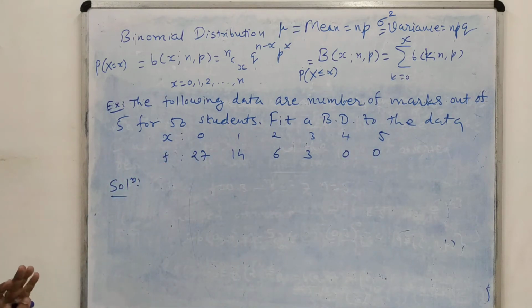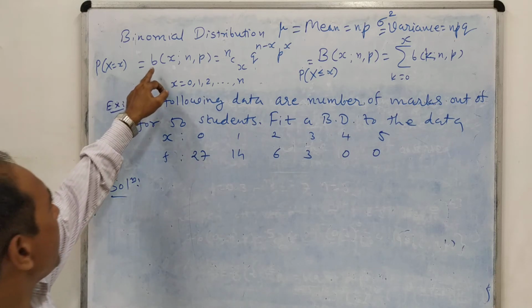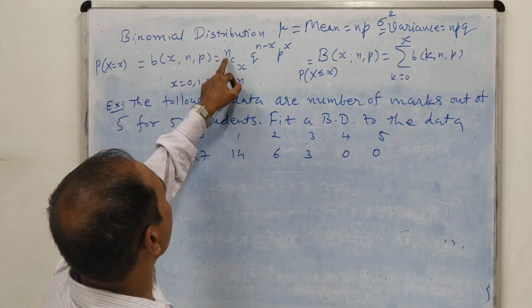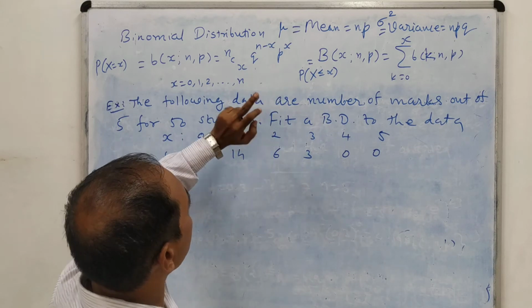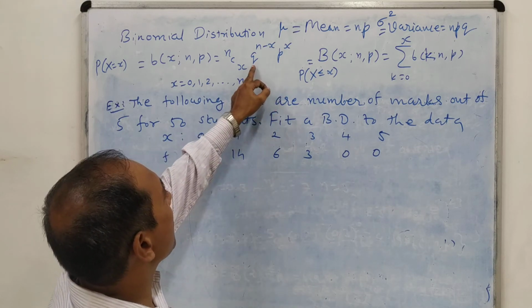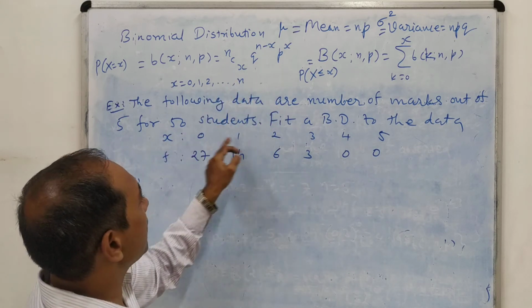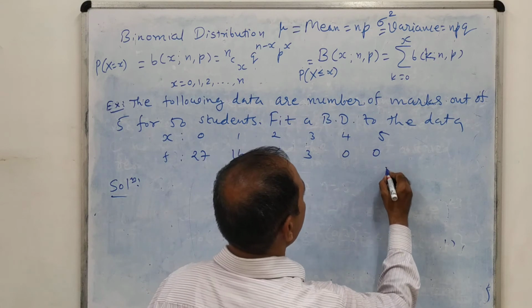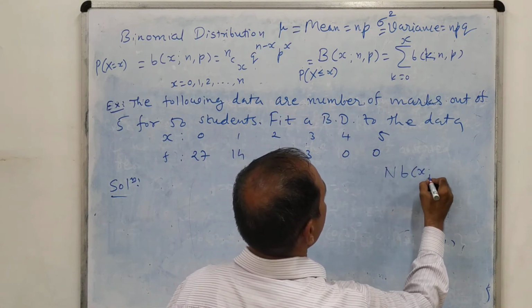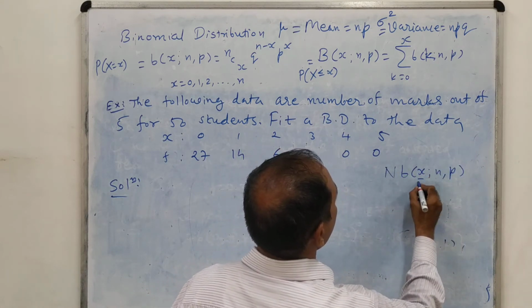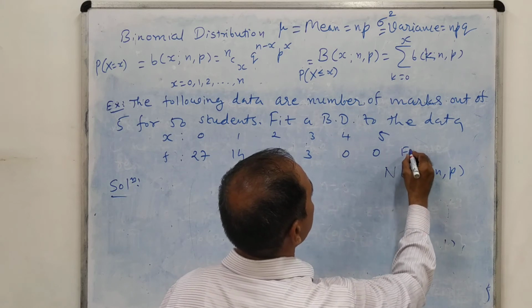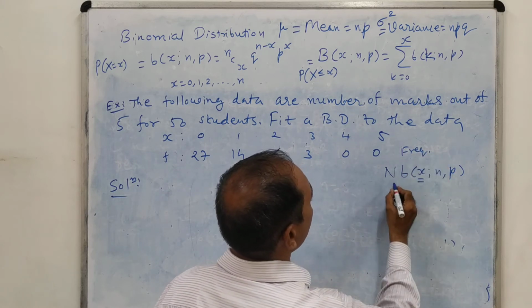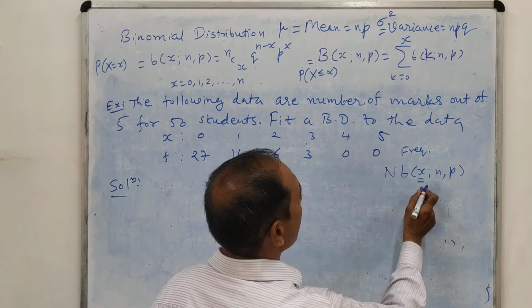But here you observe that to find binomial probabilities, we require the values of n and p. These are sufficient because p is known, q can be obtained very easily, and x is already given. So 5 different kinds of probabilities we require to obtain, and then we will multiply this by capital N, b(x, n, p). This will give us the binomial frequency for x equal to 0, x equal to 1, x equal to 2.